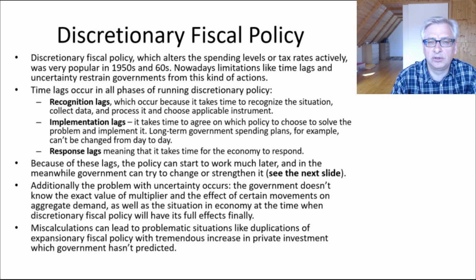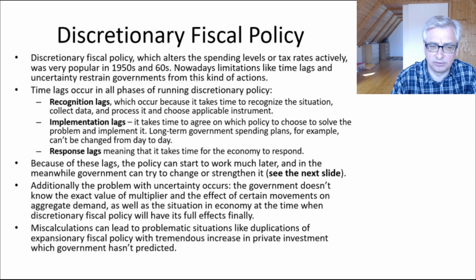Discretionary fiscal policy is good in the sense that the tools that are used here may actively counterbalance the shock. So if the income drops, discretionary fiscal policy may be designed in the way to restore the previous level of income. The problem are time lags.